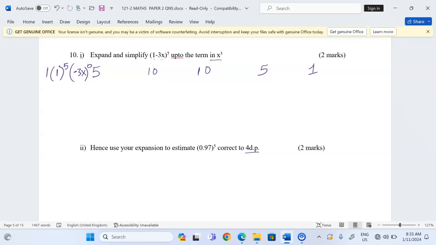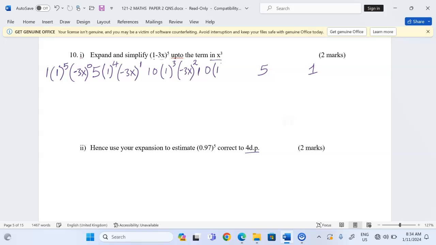In the next term, we have 1 taking power 4 because it was power 5, and negative 3x, which was to power 0, now takes power 1. In the next, 1 takes power 3, and negative 3x takes power 2.